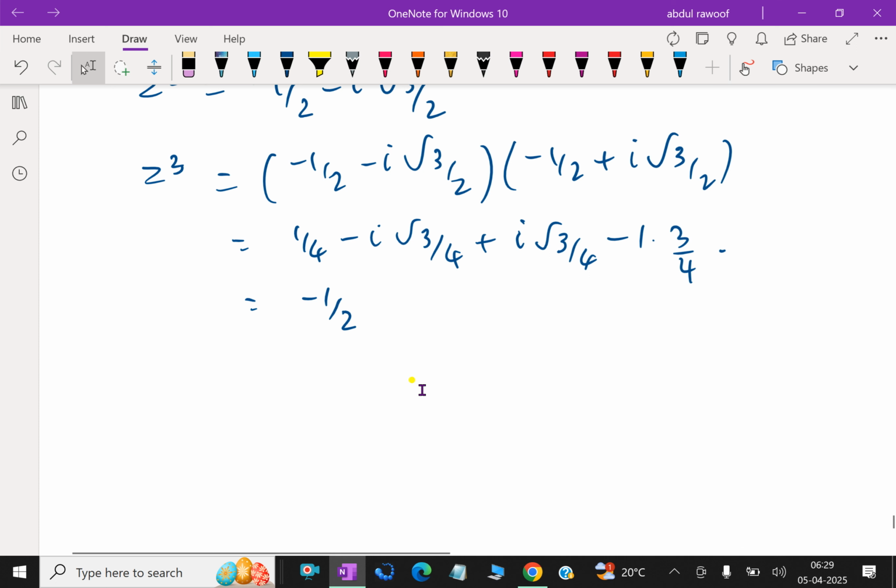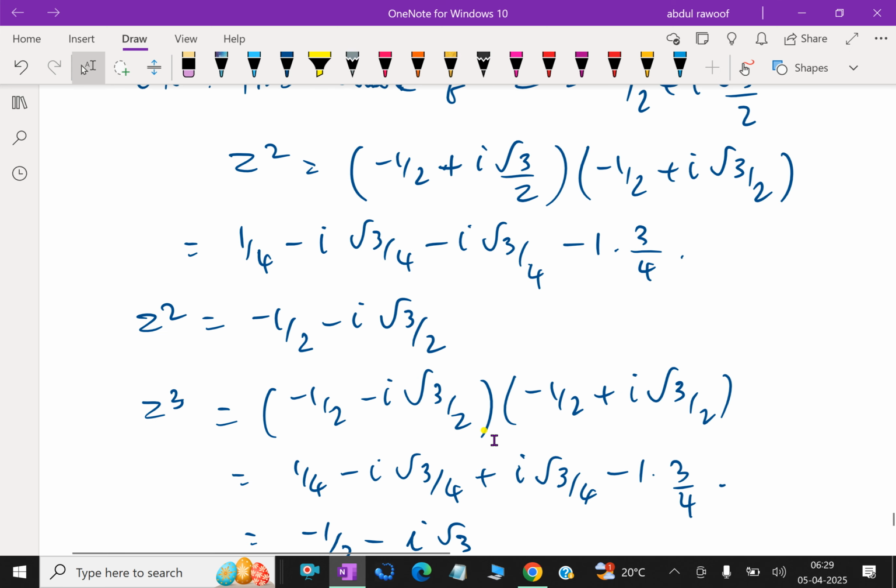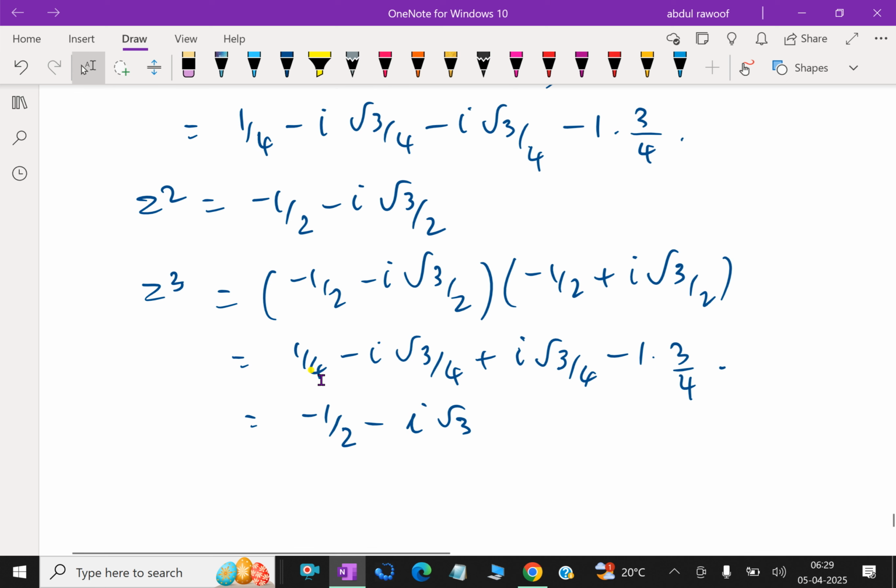There are some mistakes here, so let me redo it. Half and half is 1 by 4. Then minus I into I is I squared, that is minus 1, and minus with minus gives plus.